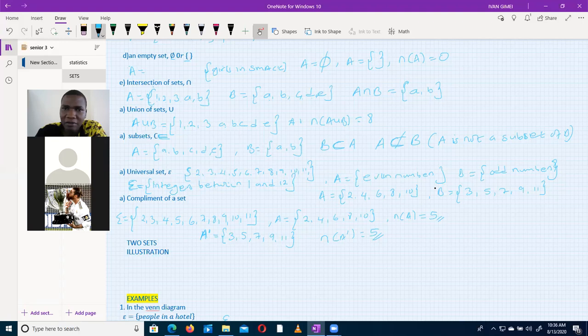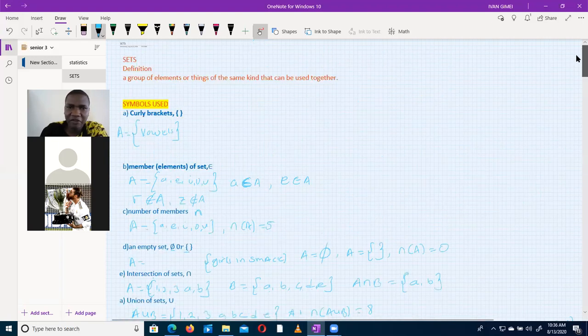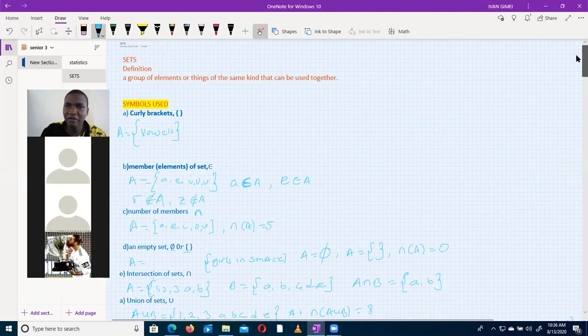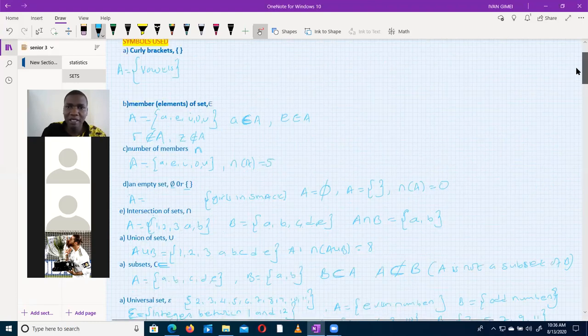Any other question? From what I've talked about from the beginning, if you have an issue, please feel free to bring it forth. We've talked about the curly brackets. Those are the ones we use for sets. We've talked about member of a set. Which symbol do we use? We use that symbol.